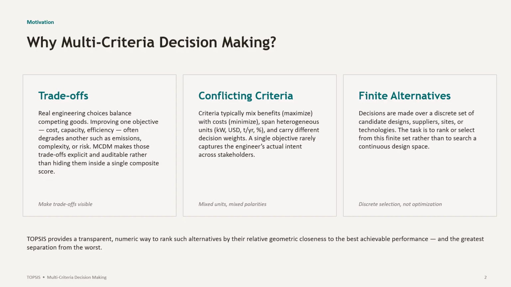So as an example of multi-criteria decision-making techniques, TOPSIS provides a transparent numeric way to rank such alternatives by their relative geometric closeness to the best achievable performance and the greatest separation from the worst, right?